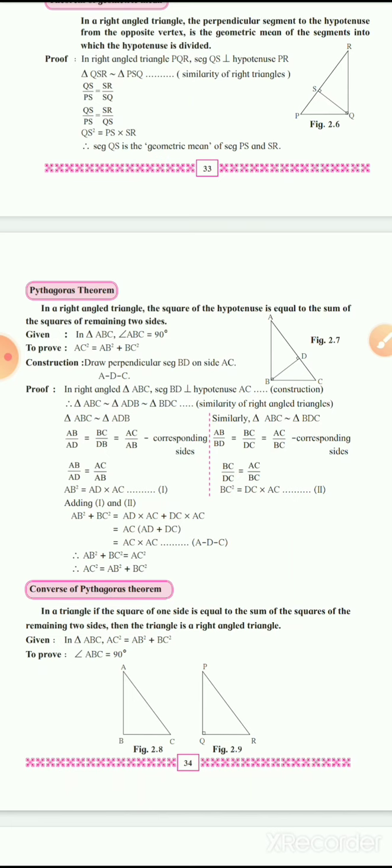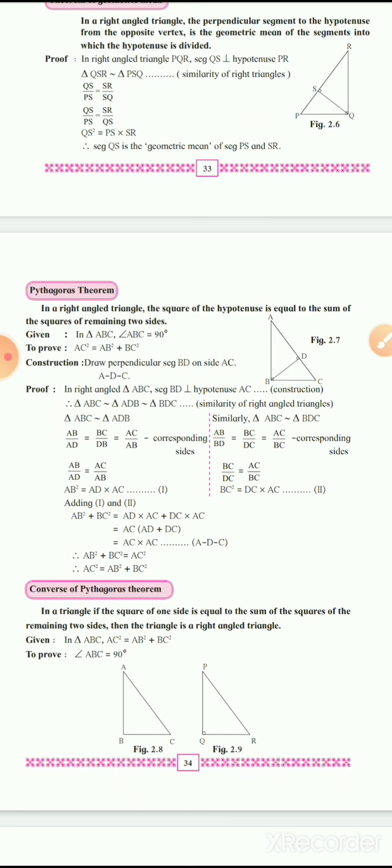So construction: draw perpendicular seg BD on side AC, and the betweenness is A-D-C, means D is a point which is between the two points A and C.